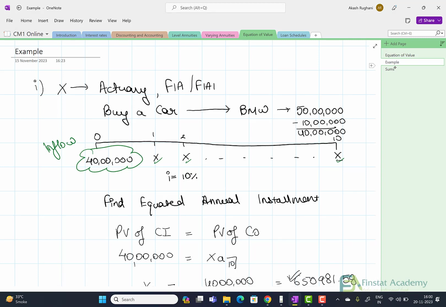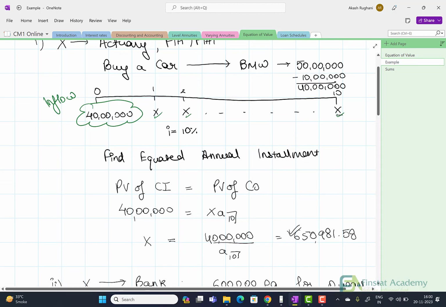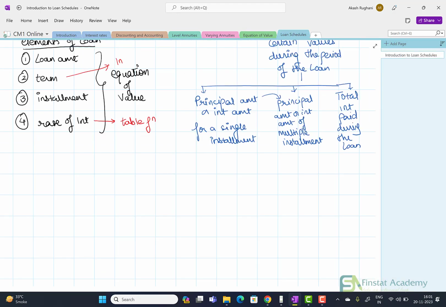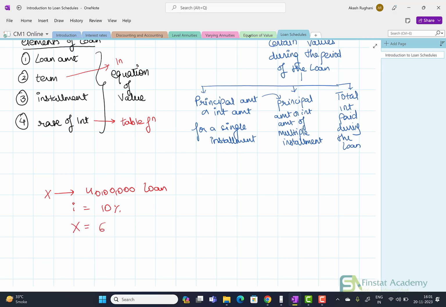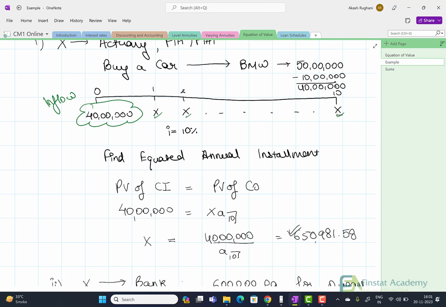He had taken a loan of 40 lakhs for a period of 10 years, at a rate of interest of 10%, and we calculated the installment amount to be 6,50,981.